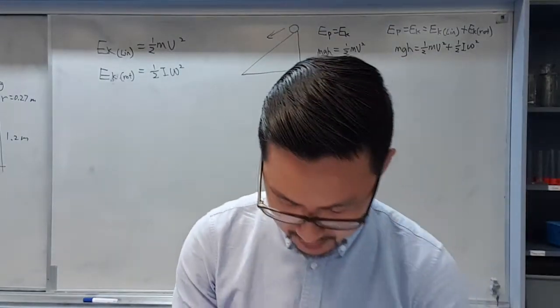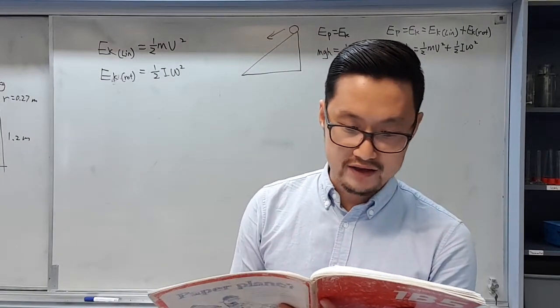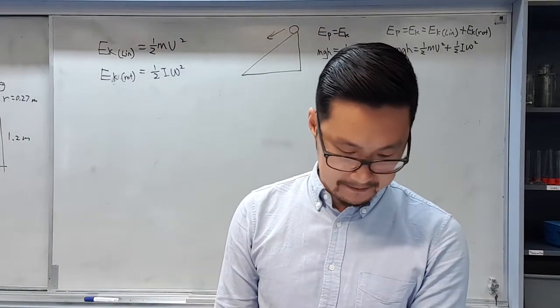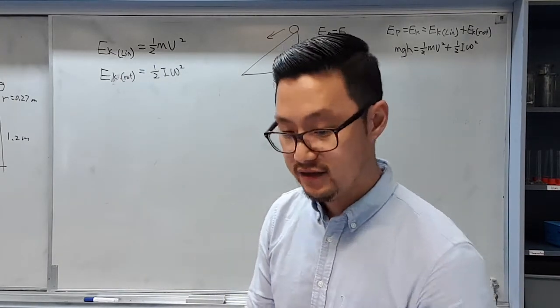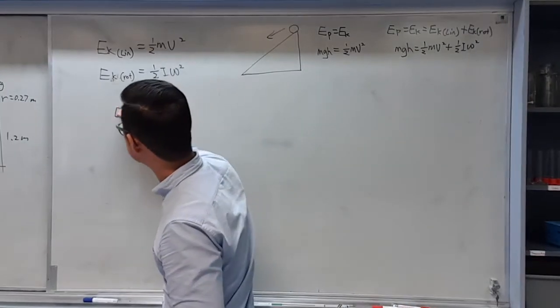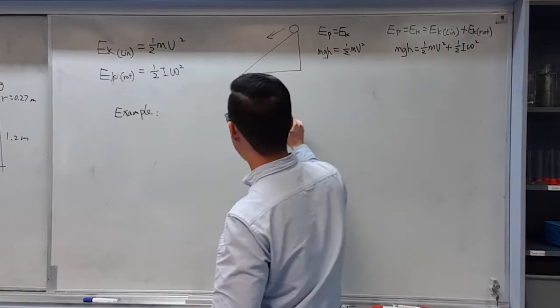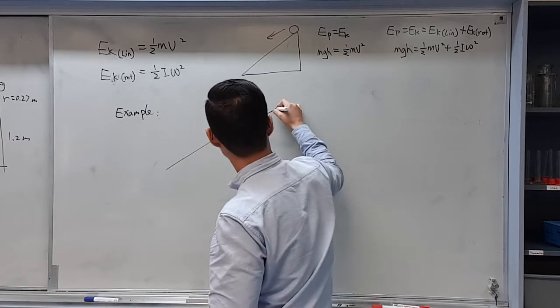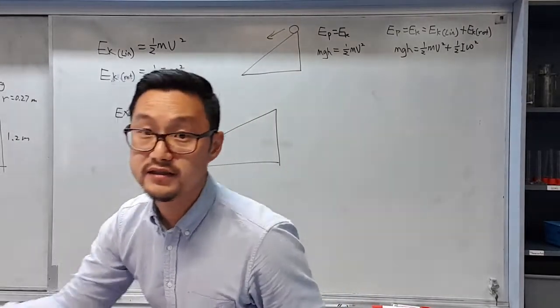Now we can use this to calculate some questions, so let's look at an example and see how it works. The example uses numbers from the textbook, question 1.